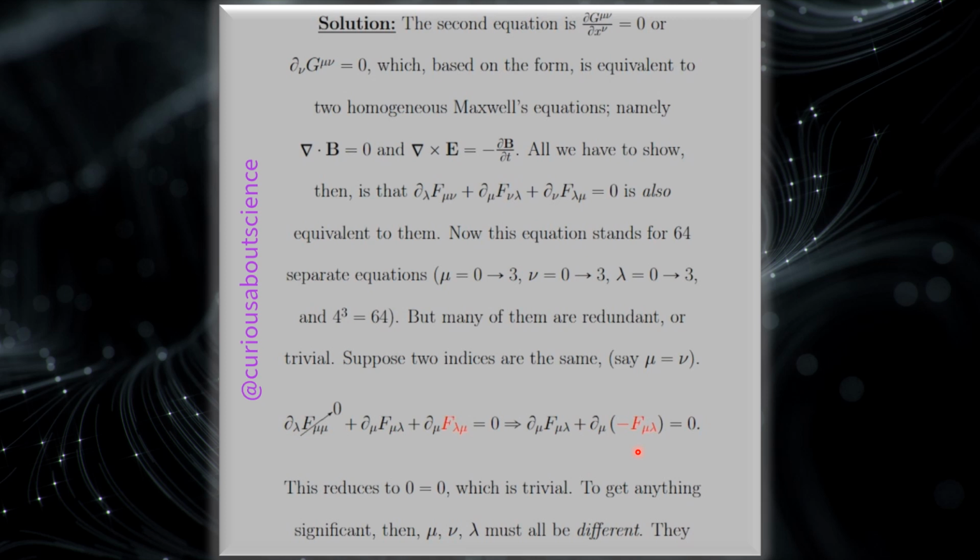And if that's the case, then we see that the derivative terms cancel to 0, plus on this side, minus on this side. So this reduces to 0 equals 0, which is trivial. So to get anything significant, μ, ν, and λ must all be different. Okay, and here's where the grunt work starts.